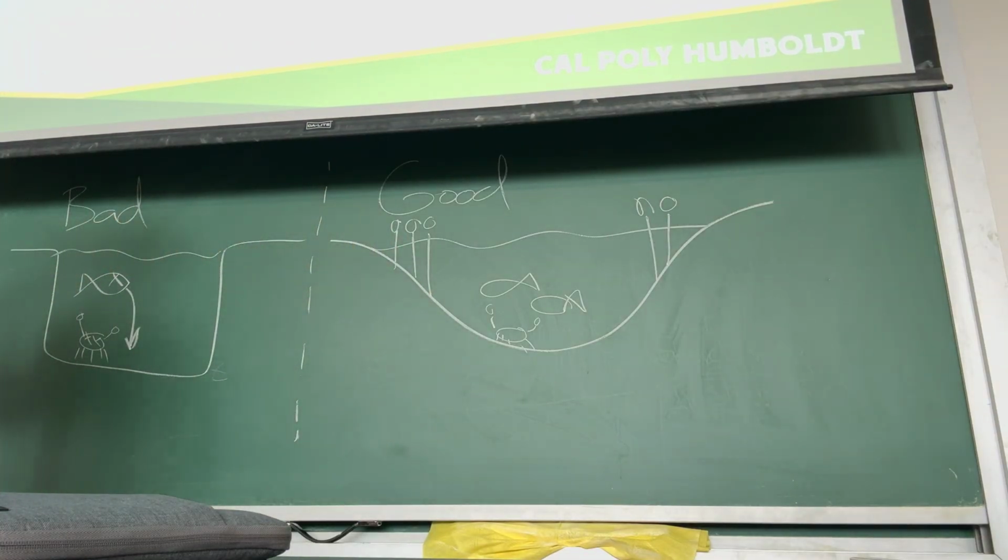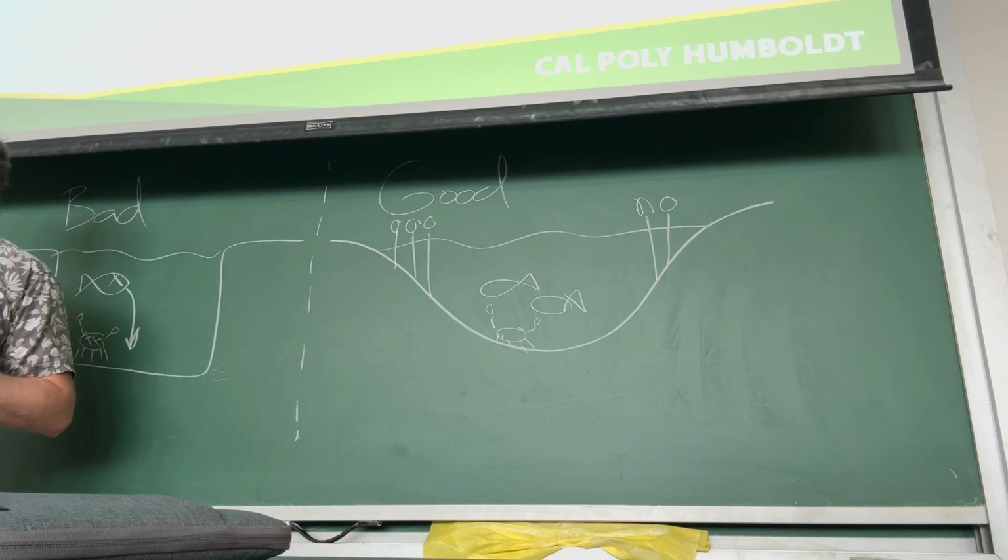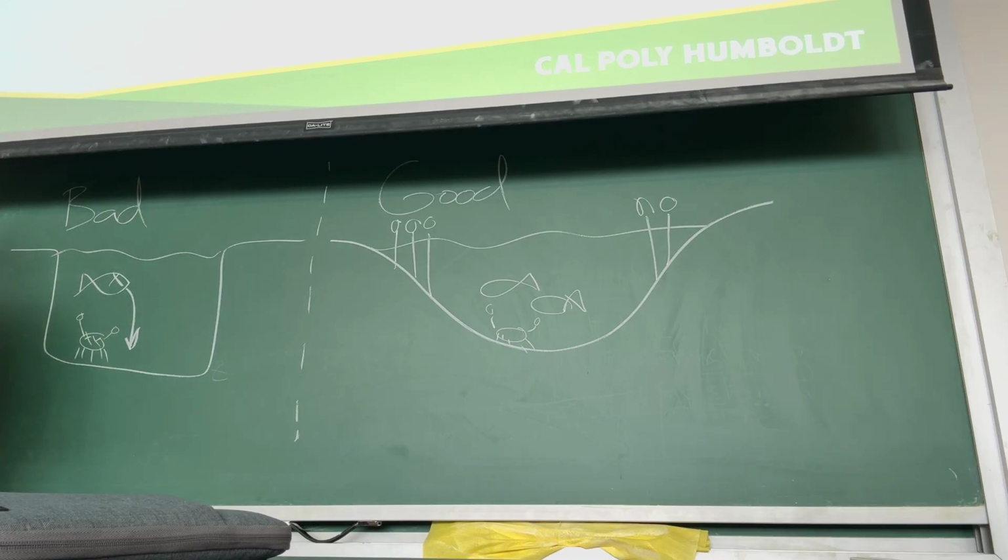Increased habitat heterogeneity is usually considered a beneficial thing because the more homogenized a habitat is, the less variety it fosters, okay? So what you try to do in increasing habitat heterogeneity is increase the number of available niches.